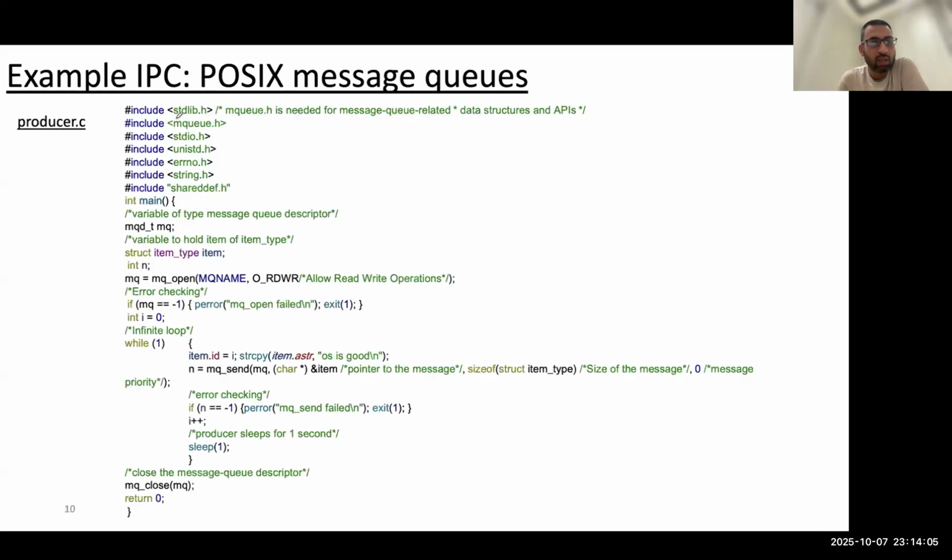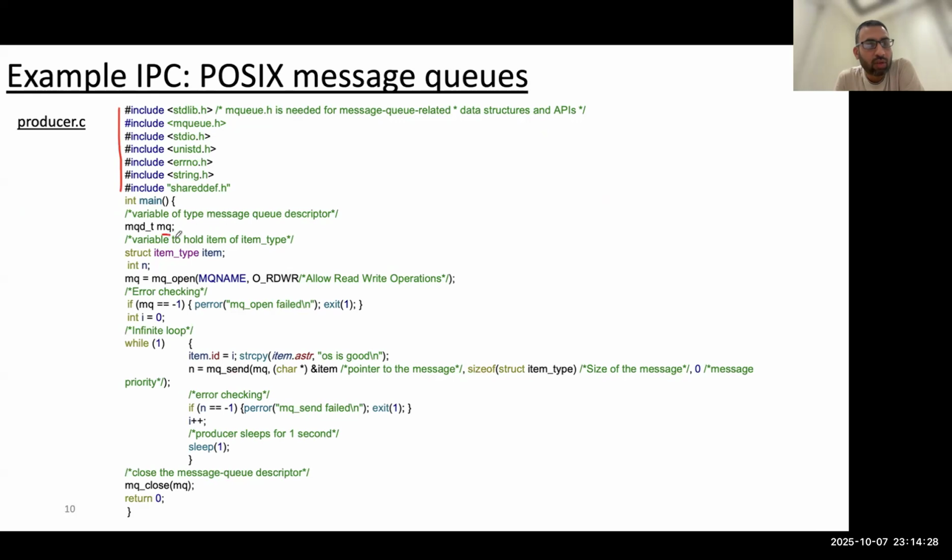Other than that, we have the code for the producer process. Let's say we have written it in the producer.c file. Let me walk you through this. So here you are including a bunch of header files. And then in the main, you are first making a variable mq, a message queue of type message queue descriptor.